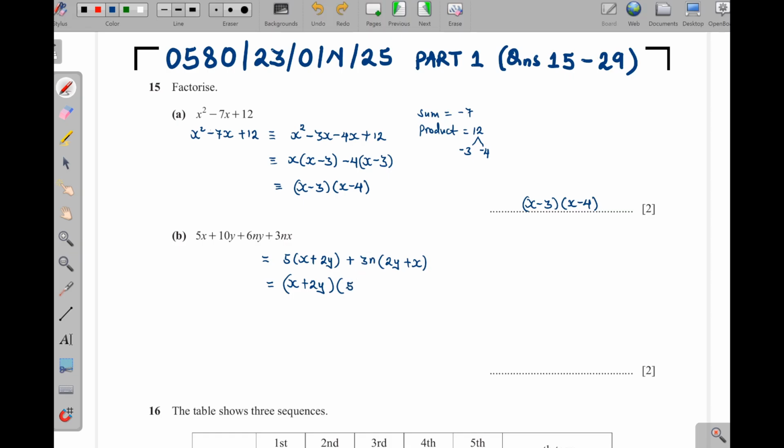Then here there is a plus 3n. So the answer will then be x plus 2y times 3n plus 5. I write the 5 last. Or even if you write 5 then plus 3n, it is all the same.